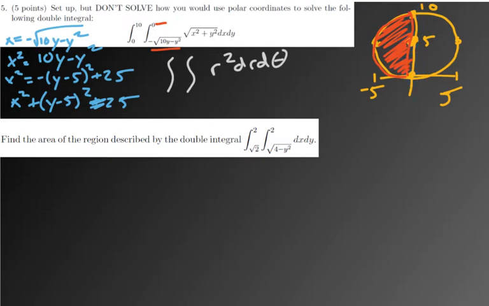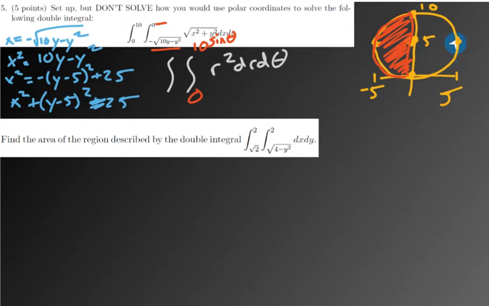You could also always get this if you plug in r cos theta and r sin theta, and you'll get the same answer. The bounds in r would go from 0 to 10 sine theta, so 10 sine theta is the equation of this circle. And for the angle, we don't want 0 to 2 pi, but 0 to pi. This is one of those weird things where 0 to pi actually gets you the whole thing, so you don't need 2 pi.